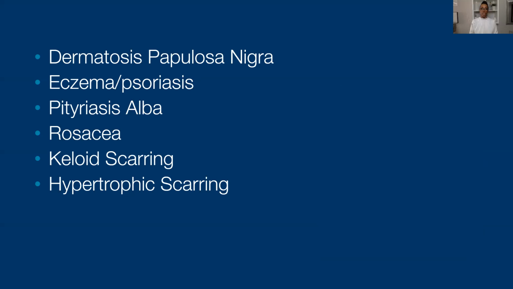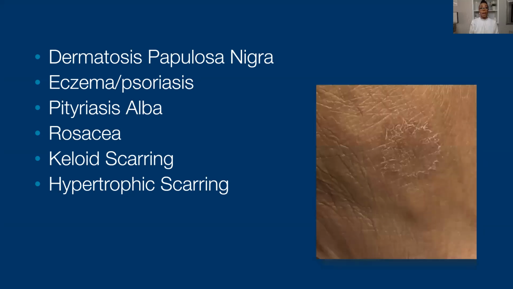Our next one we want to talk about is quite common, but hardly seen, and I love this picture, provided by a staff member. This is eczema or psoriasis, some type of dermatitis. Did you know that the majority of children that suffer from eczema are children within the darker skin community?